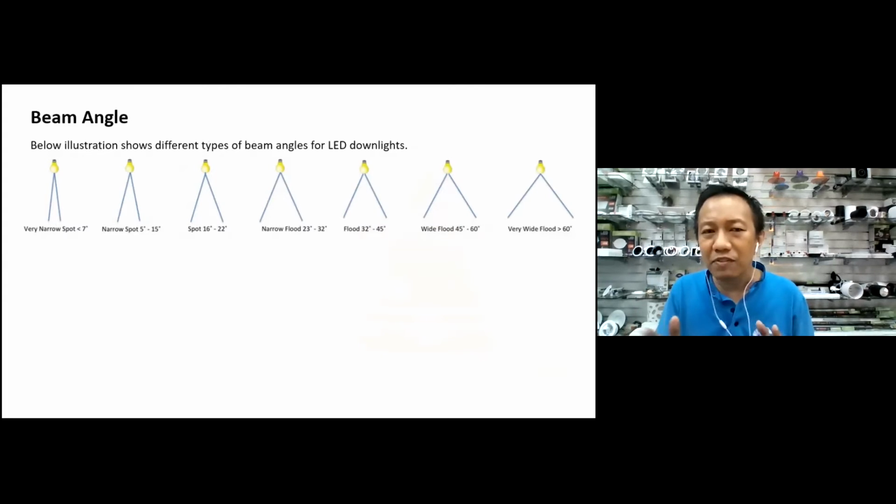Then you have 16 to 22. I'm talking degrees. Then narrow flood, 23 to 32. Flood, 32 hanggang 48. Usually, nandito naglalaro ordinary downlights. 23 up to mga 45. Wide flood, 45 to 60.